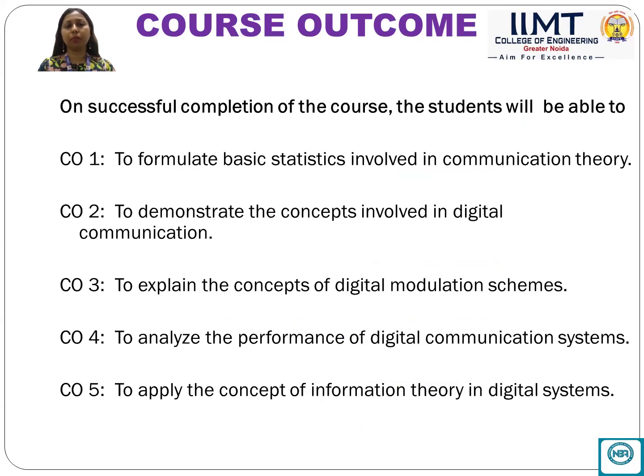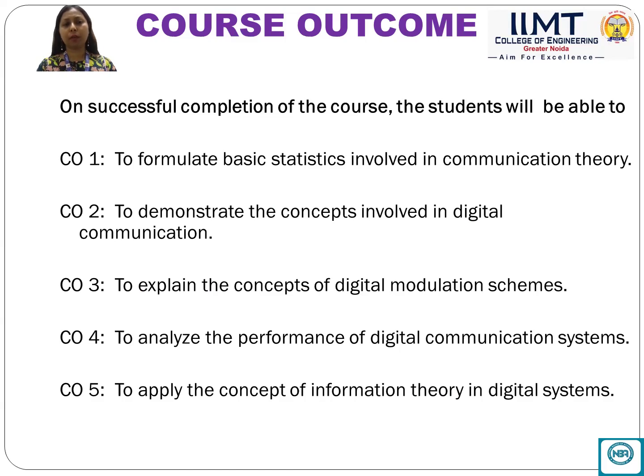The course outcome of this subject is very important, and here the main outcomes are described, obtained from the different units. We can also consider them for the whole syllabus. The first outcome, CO1, is to formulate basic statistics involving communication theory.